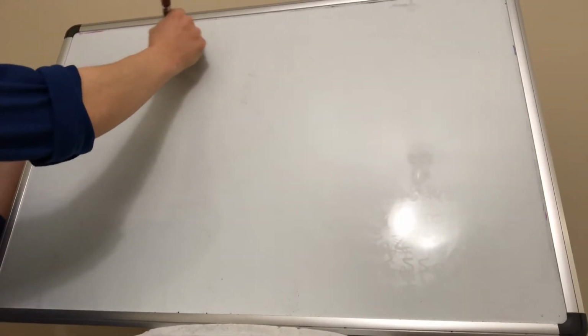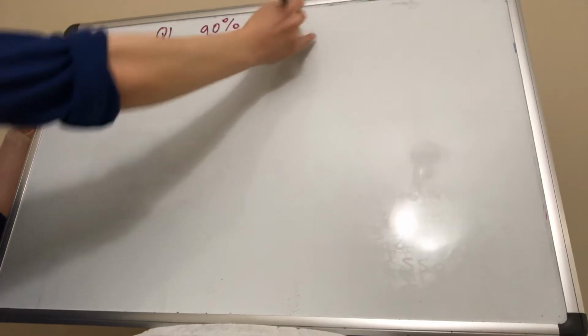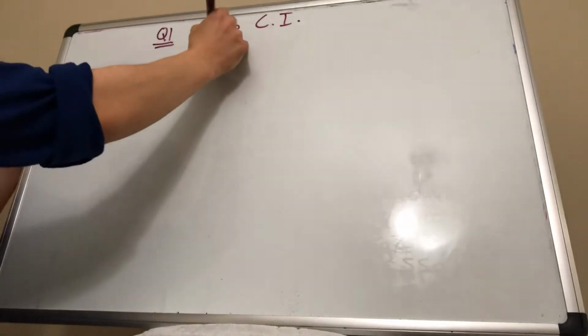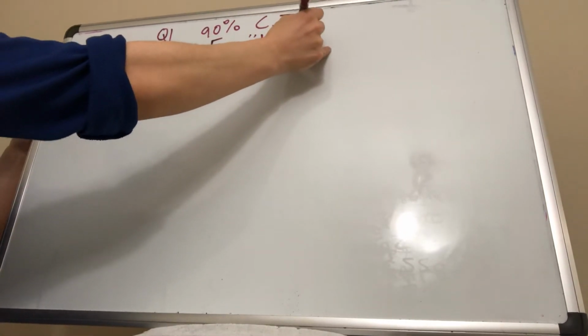Now in assignment 8, the first question, you have a 90% confidence interval, CI, and it's for a T distribution, so a T interval.